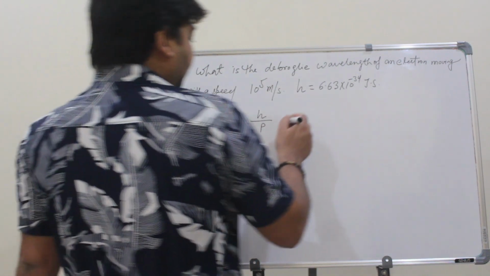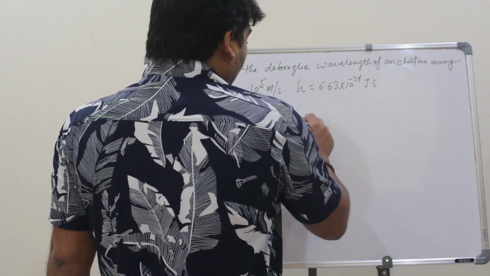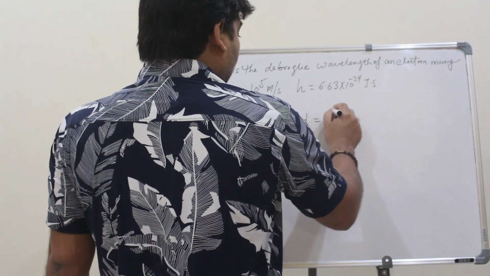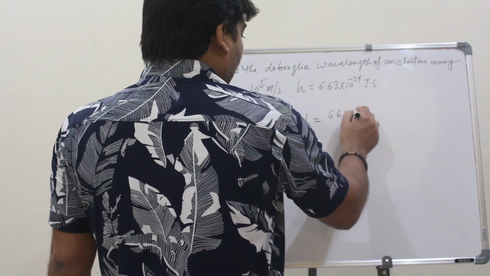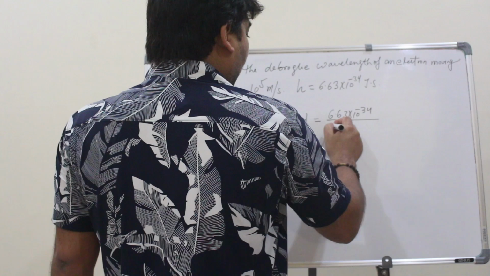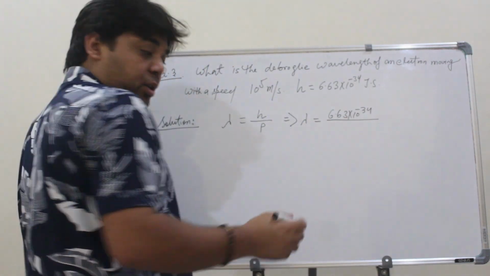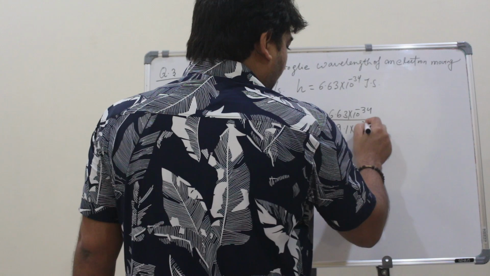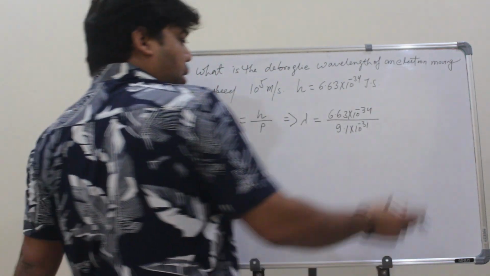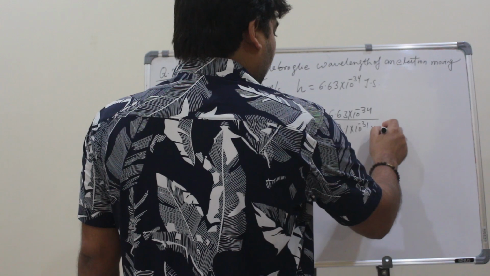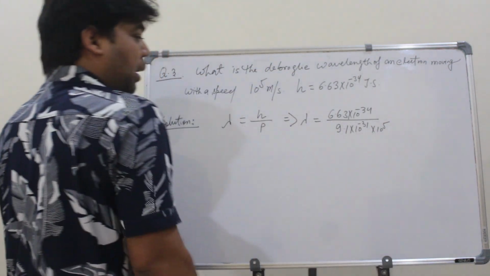So lambda is h, 6.63 times 10 to the power minus 34, divided by p, which is the electron's mass, 9.1 times 10 to the power minus 31 kg, times 10 to the power 5 meter per second. We are taking SI units only.